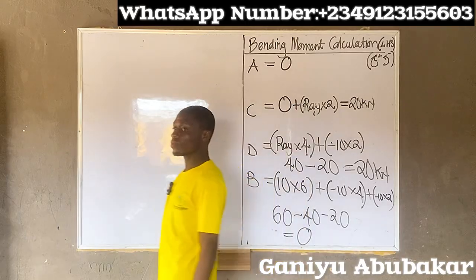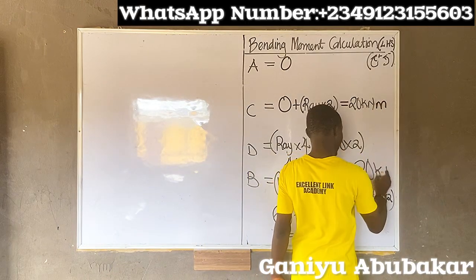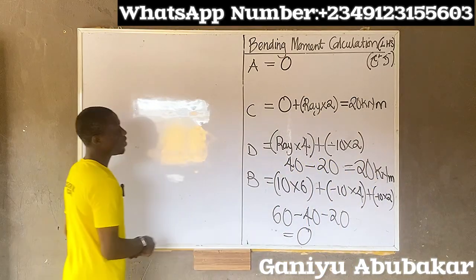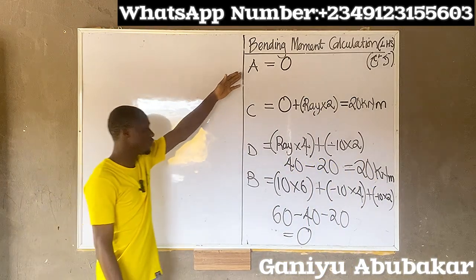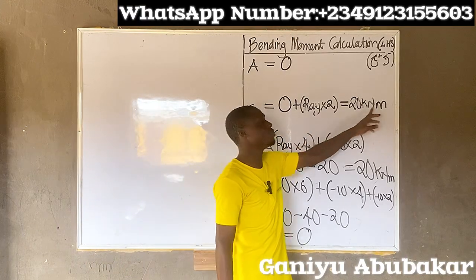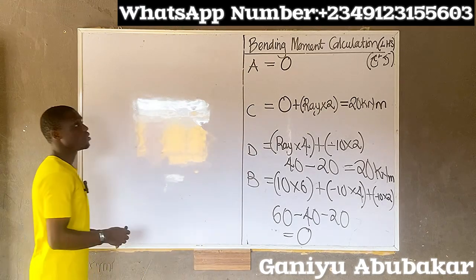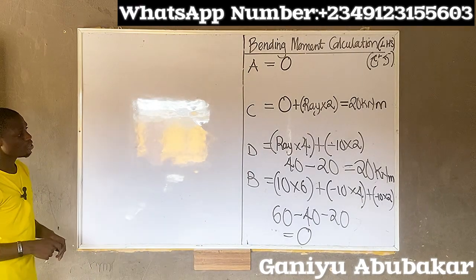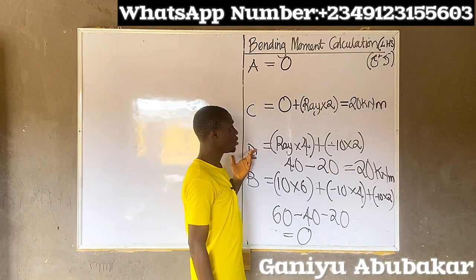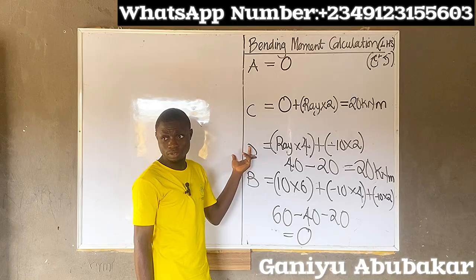You put the value in meters, right? So that's the only thing there that can be a value. Zero is nothing, right? So know that the moment is 20 kilonewton meter, not per meter.